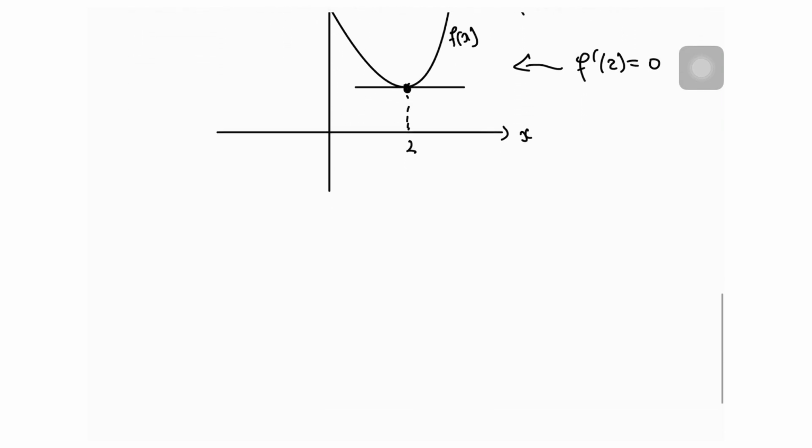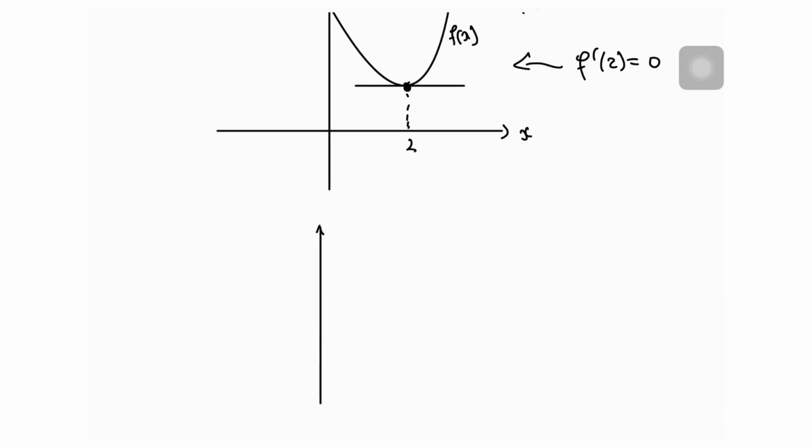Is there a function similar? There is also a function similar to this, such that it has f of 2 equals 0. So this is f of 2, not f prime. So that function means it touches the x-axis at 2.